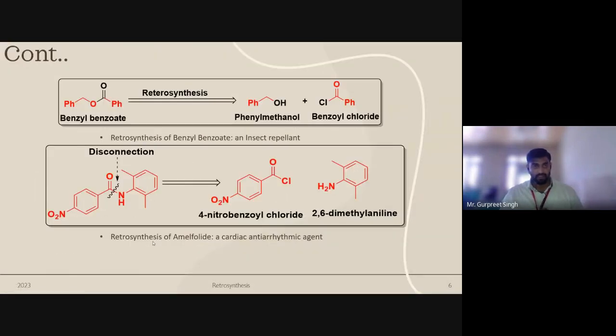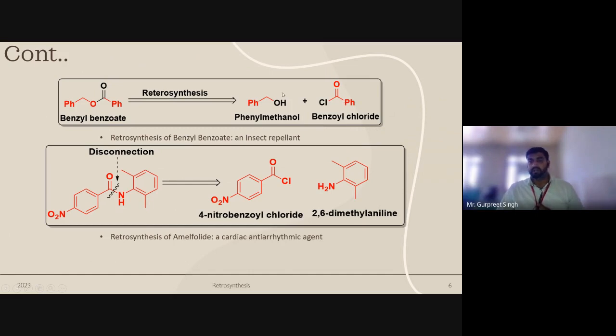Here I am just showing the first two examples. We have the example of benzyl benzoate. It's an ester, and as you know, esters are made by the reaction of alcohol and acids or acid chlorides. So if we perform the retrosynthesis, we come up with two compounds: one is phenylmethanol and the second is benzoyl chloride.